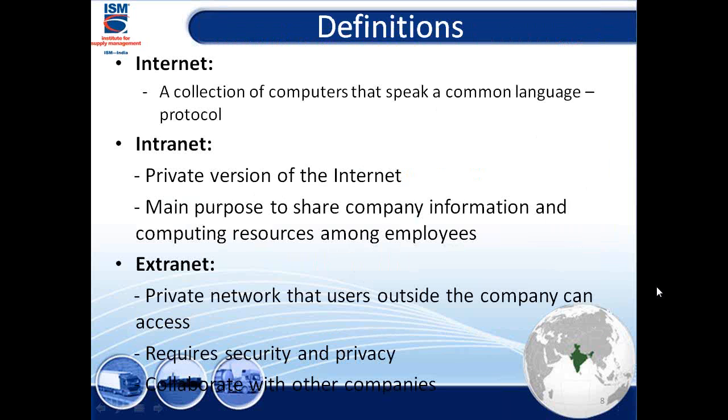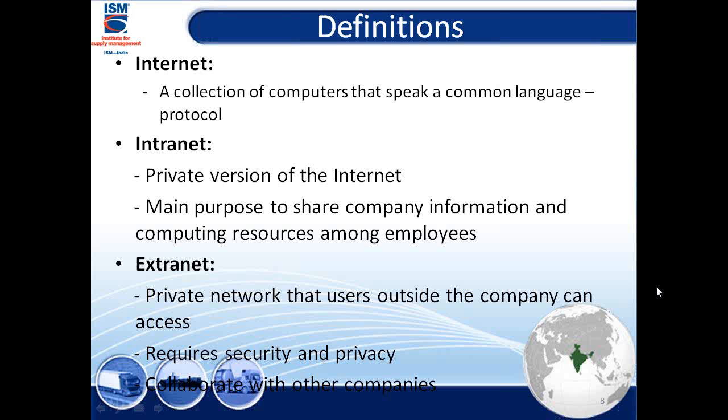Let me again clarify, internet is nothing but a collection of computers. Many computers are able to speak to each other with a common language, which you could call a protocol. That is the internet. Then comes the intranet.